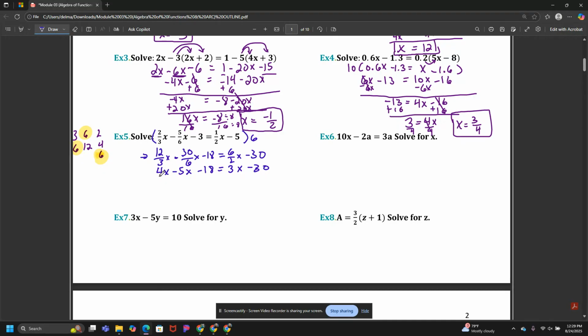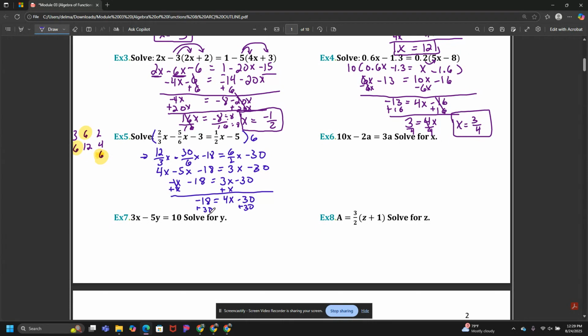So now let's combine 4 minus 5, that's negative x, minus 18, and there's nothing to combine over here, so just bring those down. Again, I don't want to deal with negatives, so I'm going to add my x over. 3 x's plus an x is 4x. Going to add my 30.